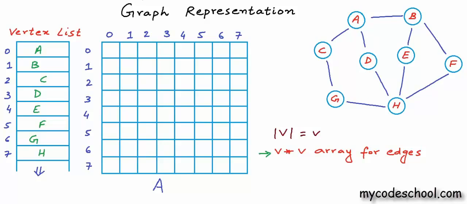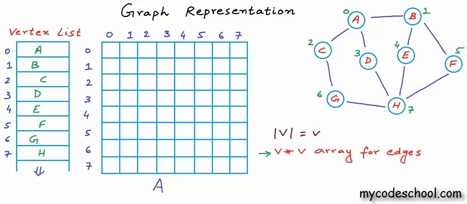And if we have a value or index between 0 and v minus 1 for each vertex, which we have here if we are storing the vertices in a vertex list, then we have an index between 0 and v minus 1 for each vertex. We can say that A is 0th node, B is 1st node, C is 2nd node, and so on.